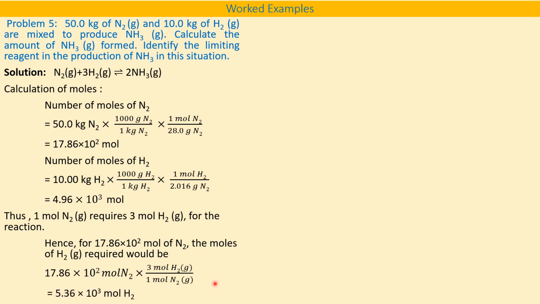Simplifying, we get the answer as 5.36 × 10^3 moles of hydrogen.